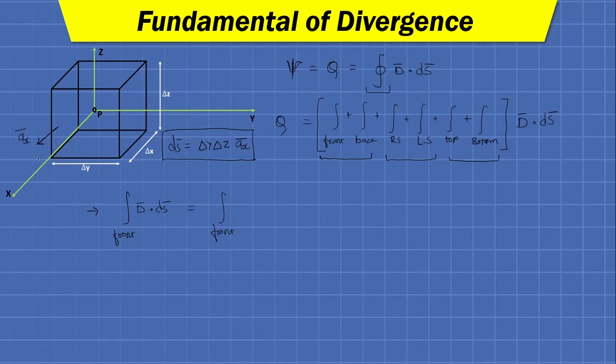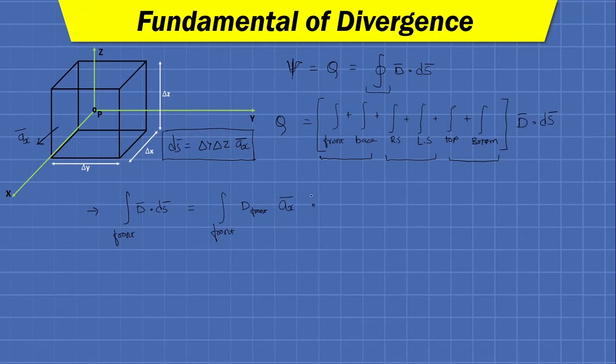So the front surface is in the direction of x, and we can write its ds bar as delta y delta z ax bar. For D bar, we can write D front, which is the value of the flux density for the front surface. It also has direction ax bar.